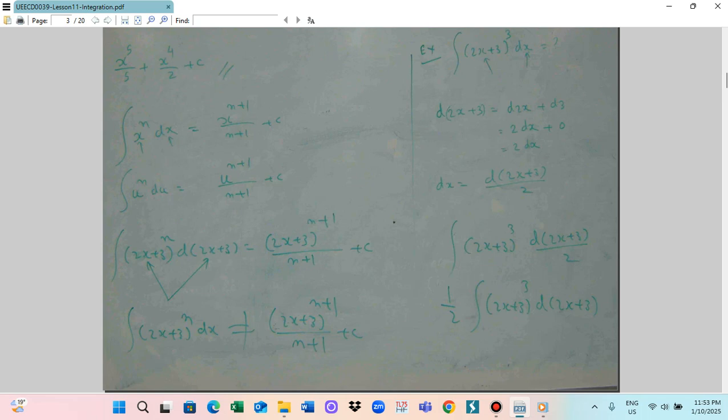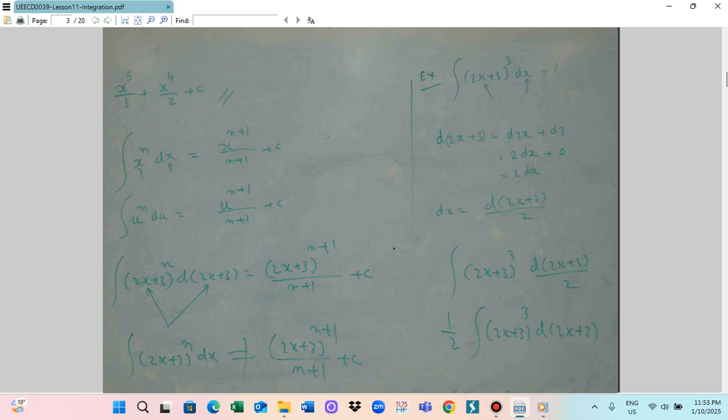Then in this case, 2x plus 3 power n and d of 2x plus 3, you can also write the same way: 2x plus 3 power n plus 1 divided by n plus 1 plus c. So this one and this one must be the same. In this case you can use that formula. If it's not the same, you can't use it.